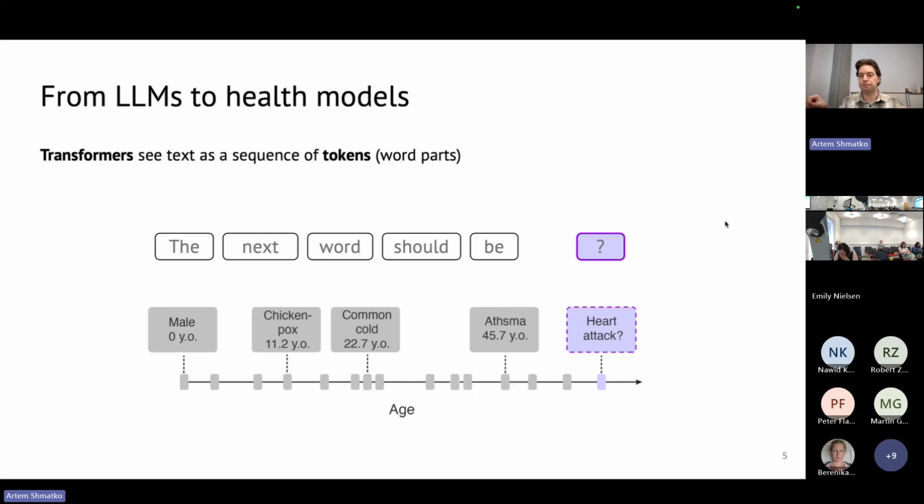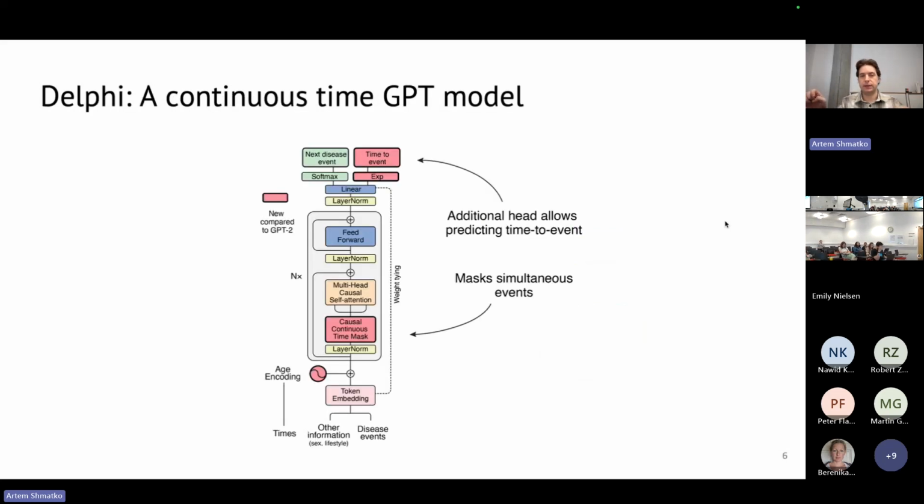What would be the next predicted token? So following this analogy, we decided to take the GPT architecture, the generative pre-training transformer, one of the early LLM architectures, but use not the text to train it, not the sequence of tokens, but the sequence of medical conditions. So we modified this architecture to accommodate our needs.